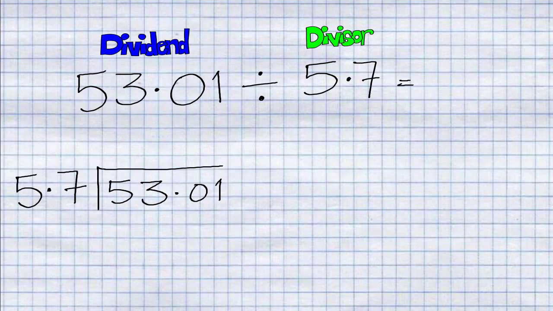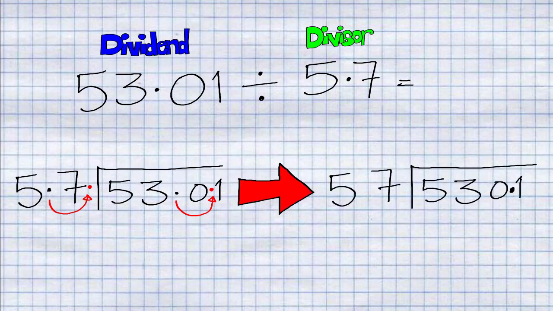So if we rewrite that as a long division problem, we'll have 5.7 into 53.01. Now we can't do that because our divisor has a decimal place. So we're going to have to get rid of that by multiplying it by 10 in this case. So our decimal point moves over 1. We do the same to the dividend as we've done to the divisor. And that becomes 57 into 530.1.